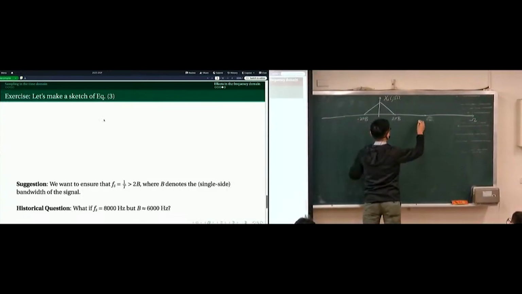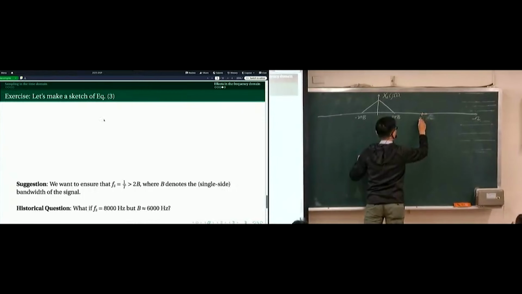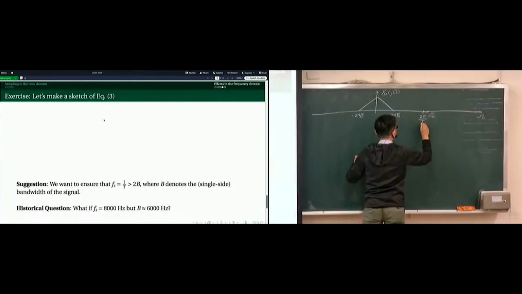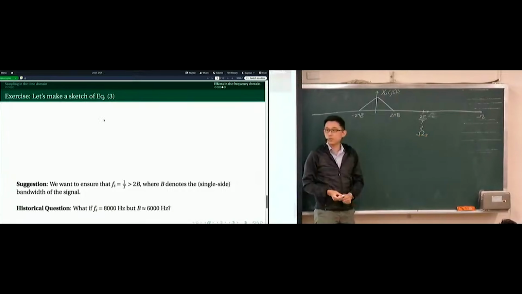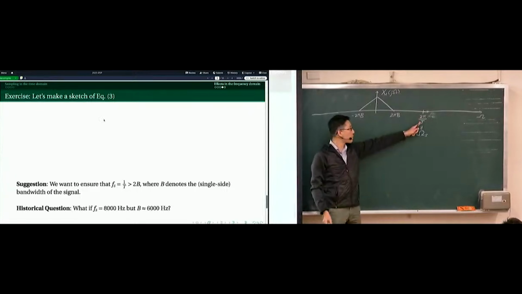So let's assume that this is 2 pi divided by T, which has been denoted as big omega sub s, the sampling frequency in radian per second. So far, so good? So let's assume that the sampling frequency in radian per second is right here.